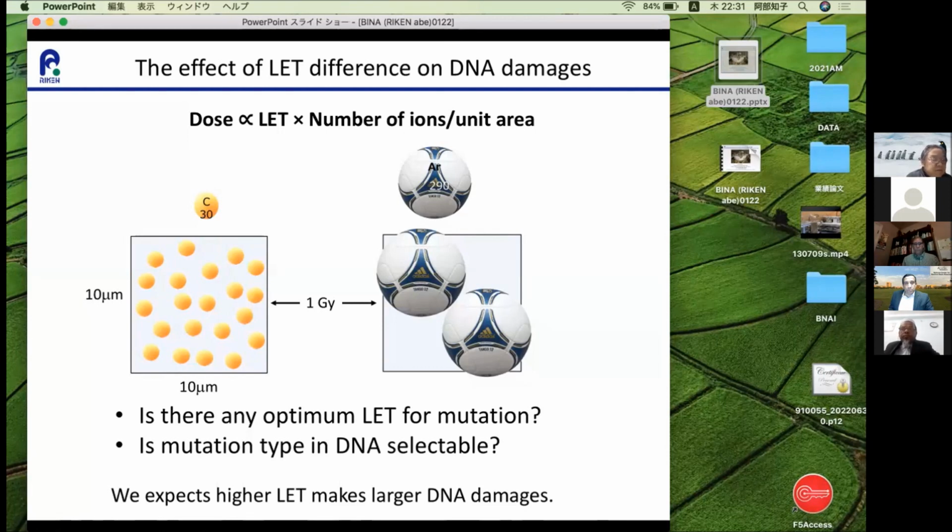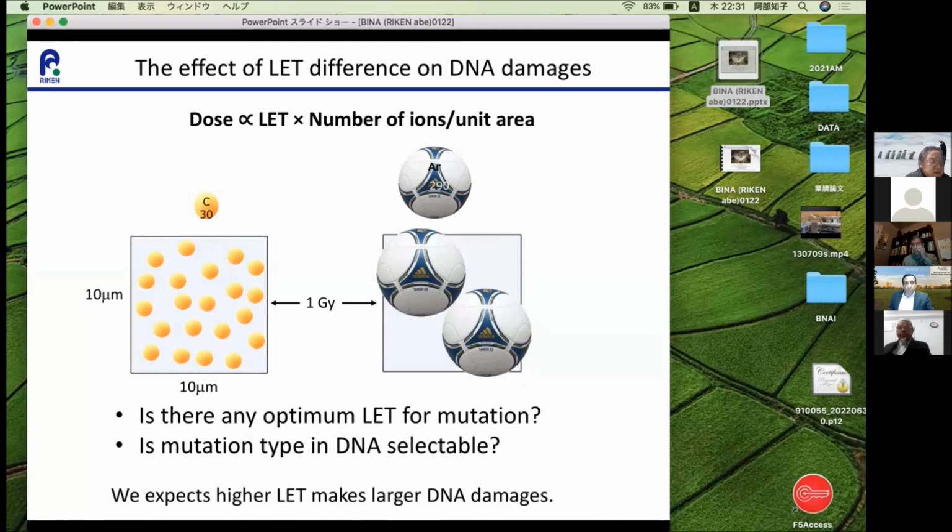The size of a plant nucleus is about 10 micrometers square. Dose is 1 gray. Carbon ion with LET 30 is compared to argon ion with LET 290. The number of carbon ions is 10 times greater than that of argon ions under the same dose conditions.